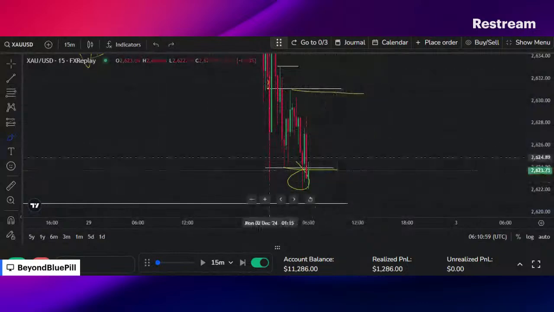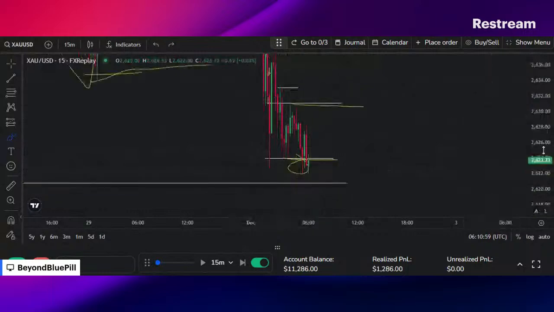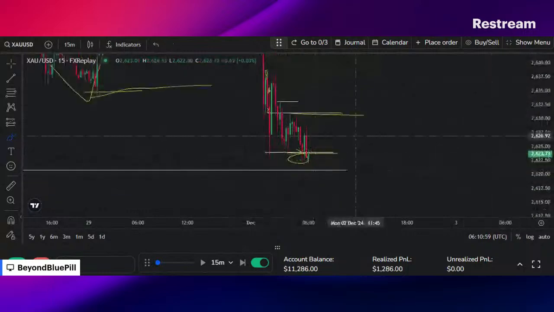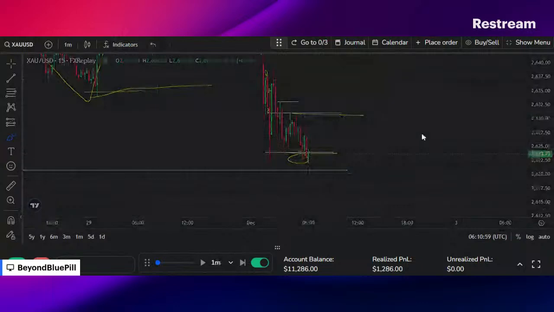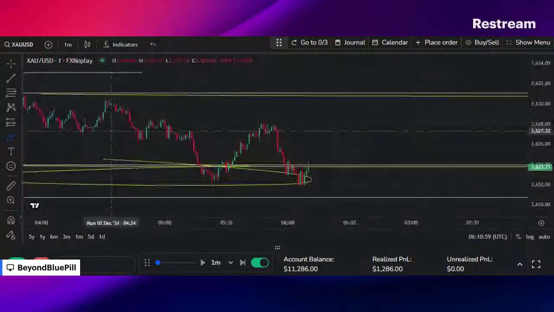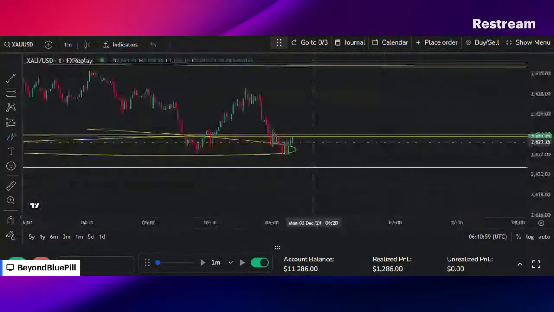So yeah, now this seems like a race too. Now we are gonna take this low. Let's see.